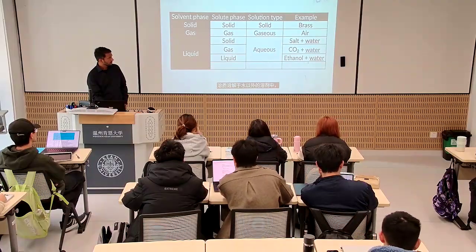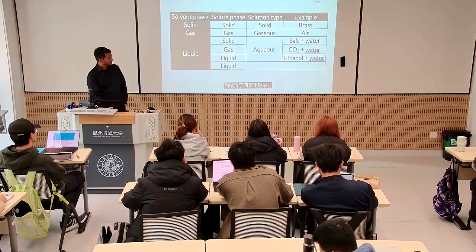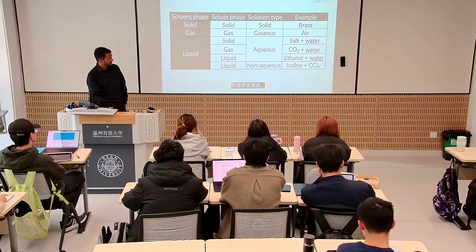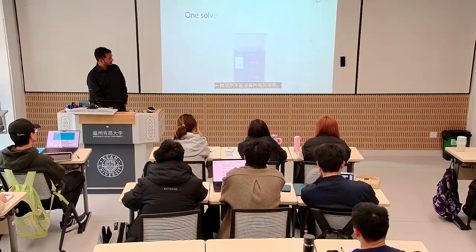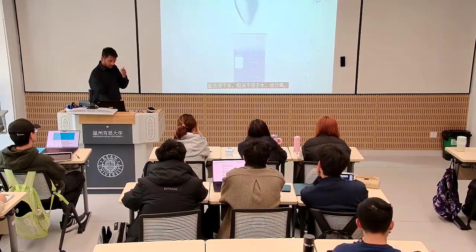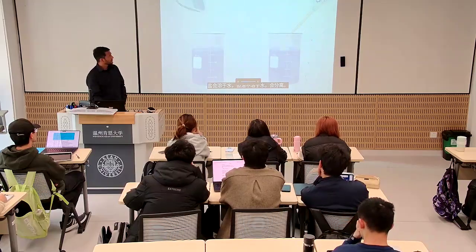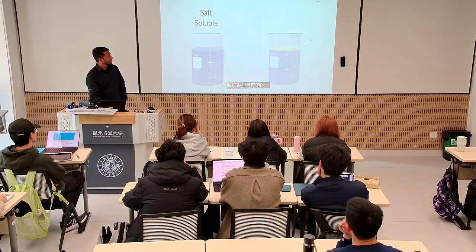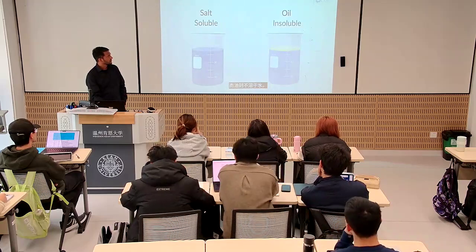A solute dissolved in a solvent other than water, such as iodine in carbon tetrachloride, makes a non-aqueous solution. One solvent cannot dissolve all solutes. Salt will dissolve in water, but oil will separate. Thus, salt is said to be soluble, while oil is insoluble in water.